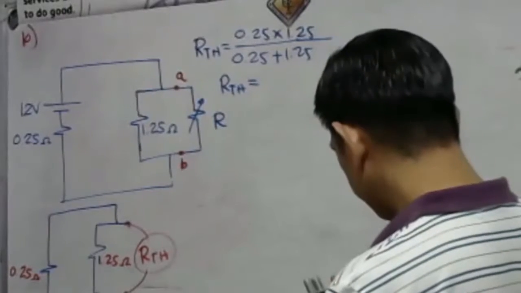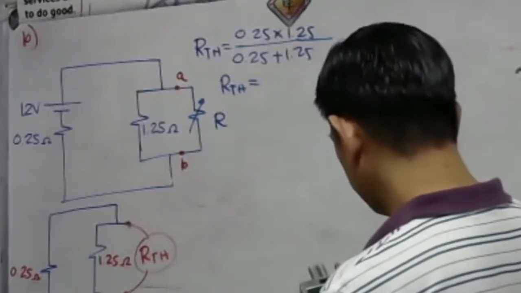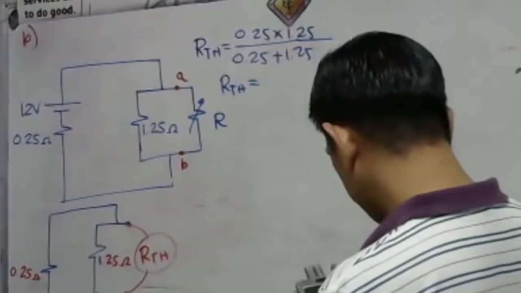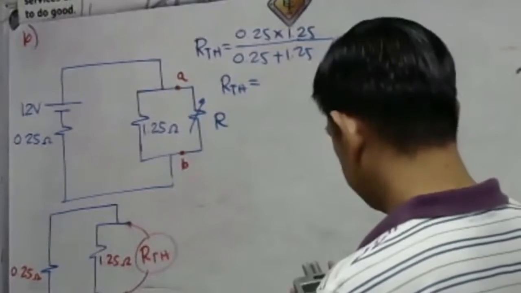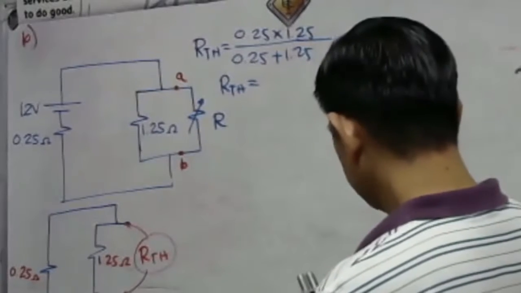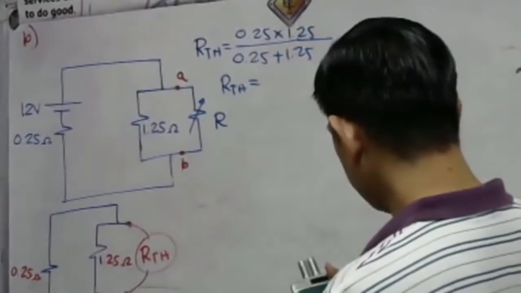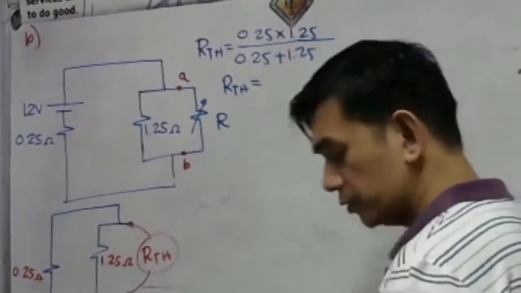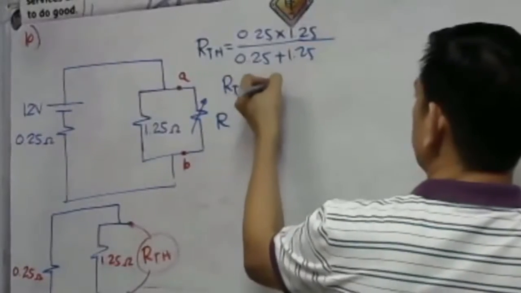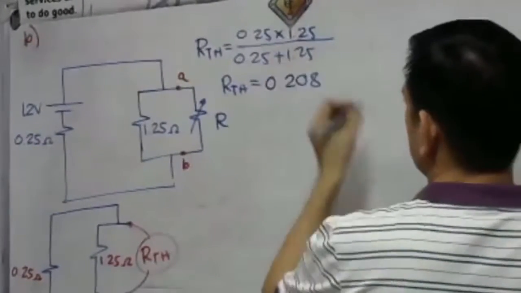Okay, 0.25 times 1.25 divided by 0.25 plus 1.25. So our answer for RTH is 0.208 ohm.